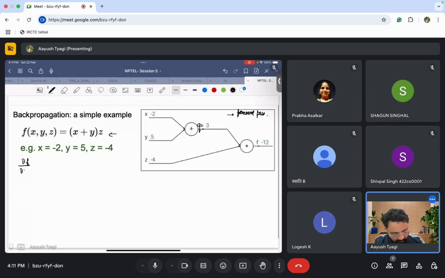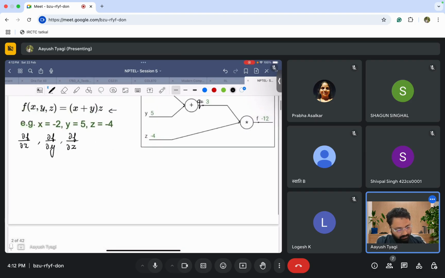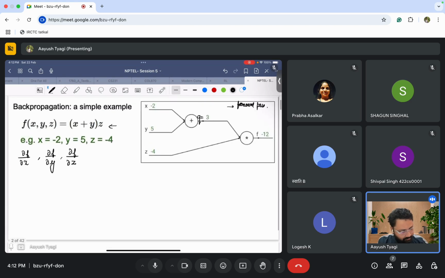What we are trying to compute is the derivative of f with respect to x, the derivative of f with respect to y, and the derivative of f with respect to z. The intention is to identify how f changes if there's a change in z, or in y, or in x.